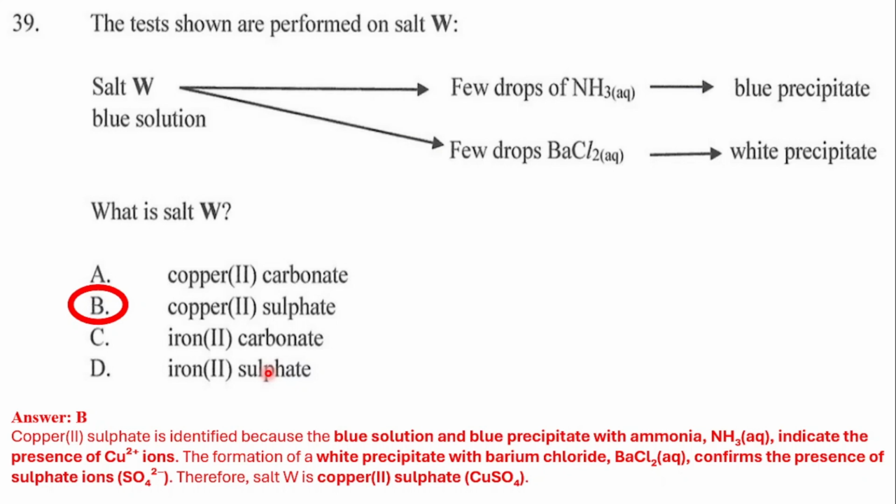Why do we say that? Because they give us hints all through this, right? Few drops of NH3, we get a blue precipitate. Few drops of BaCl2, we get a white precipitate. These are hints, right?